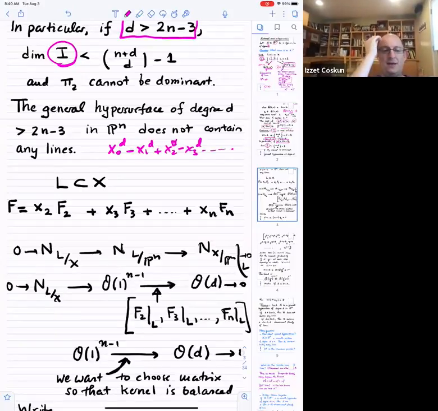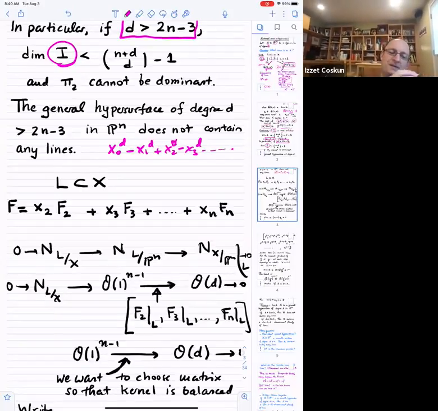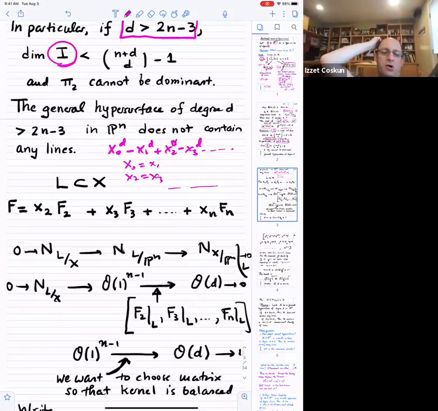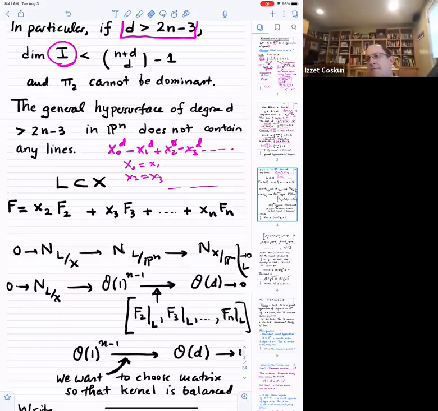You can make x0 equal x1, x2 equal x3, and all the higher coordinates 0, and that will be a line. So there are always hypersurfaces that contain lines, no matter the degree. But if the degree is at least 2n minus 3, the general one doesn't.